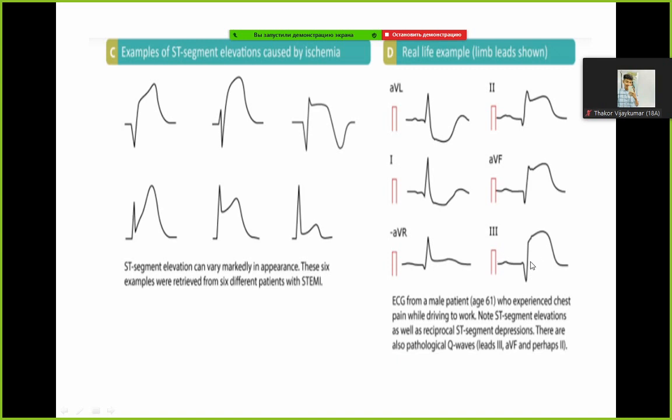You see that there is ST segment elevation in the second standard lead, aVF, and third standard lead, and vice versa. In aVL, the first standard lead, there is depression of the ST segment. It is called reciprocal ST segment depression or discordance.